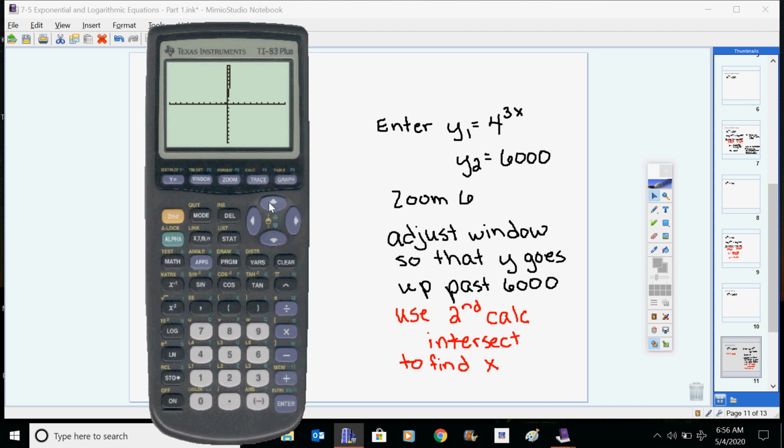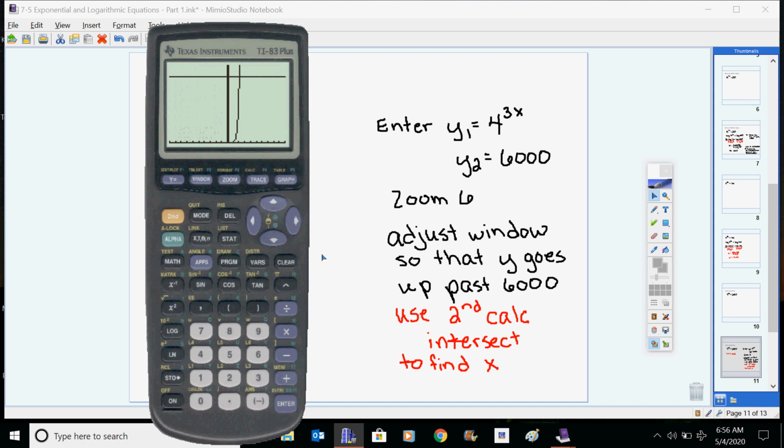So we need to change our window. I want it to go well beyond 6,000 on the y-axis so I can see the whole thing. So I'm going to pick 7,000. Now remember, to keep it like that, I have to hit the graph button, not the zoom button. And then it shows me my new graph. Here it comes. There we go.